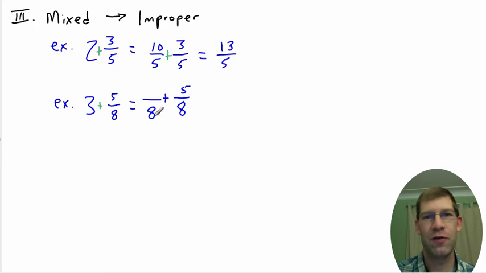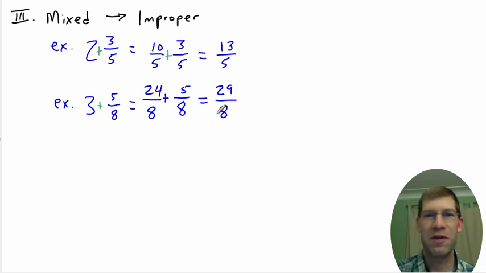And 8 over 8 would be 1, 16 over 8 would be 2, just doing multiples of 8, so 8, 16, 24 divided by 8 would be 3. So now I could say 24 plus 5 is 29. I can add those because I have a common denominator of 8. So 3 5/8 is going to equal 29 over 8.